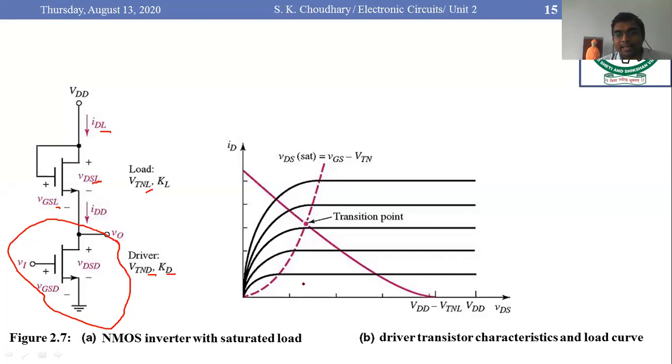So obviously this is the characteristics of what? Regular MOSFET, meaning our driver device. Another is having the characteristics representing the load added to it, the enhancement load. First of all, just note it down. Then we will discuss the terminology of this.